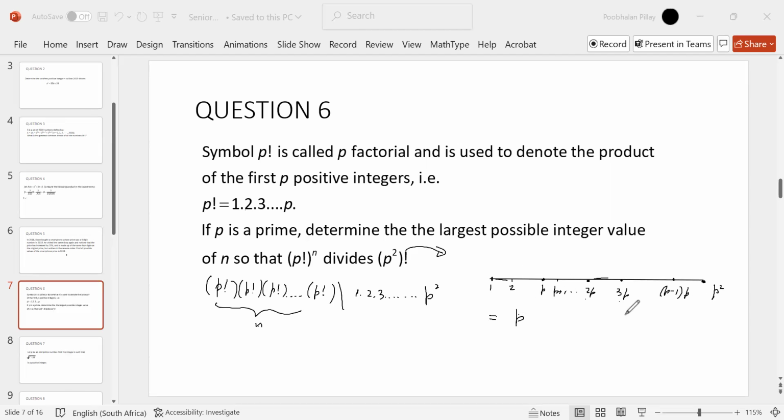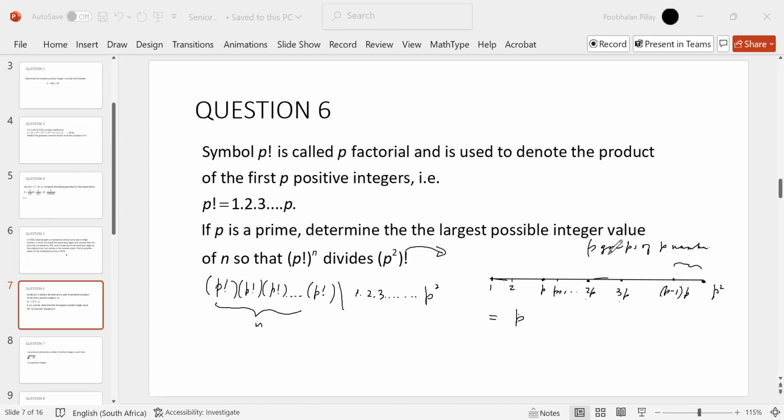It's equal to P to what power? When you multiply all these things out, let's just focus on the multiples of P. P occurs here, but only once in the group. So there are P groups altogether, P groups of P, to give P squared numbers.